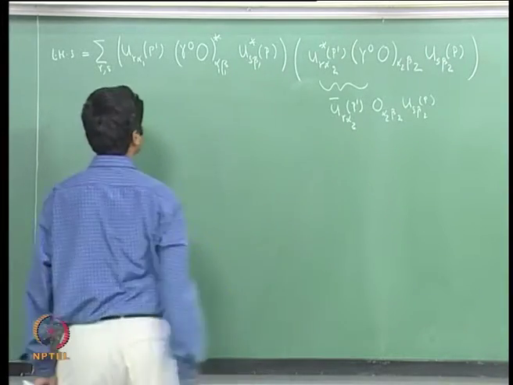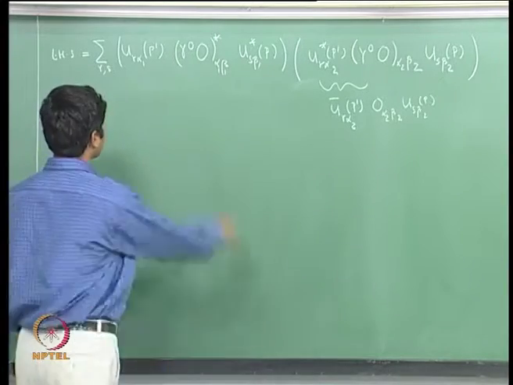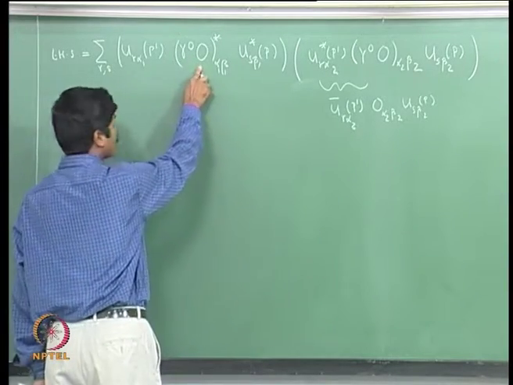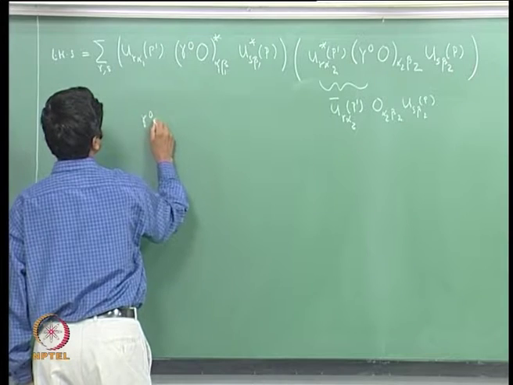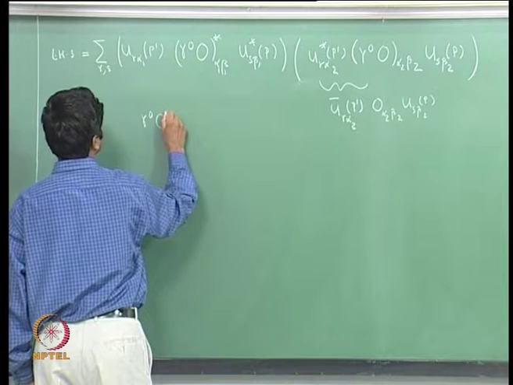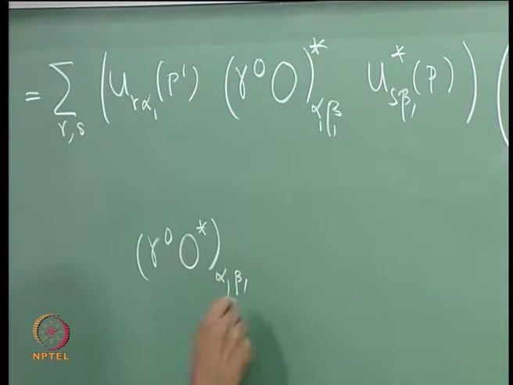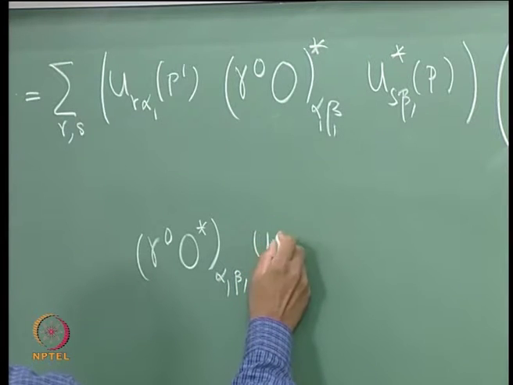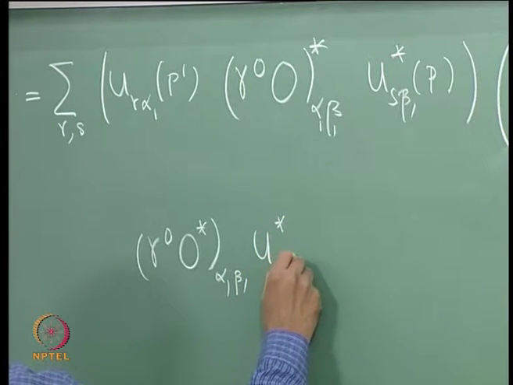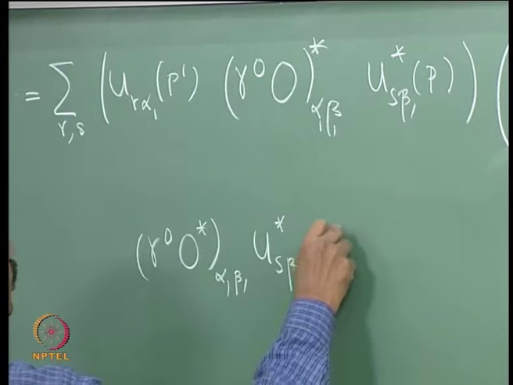Okay. So, let us see if we can do that. So, let us split it up: gamma 0 O star of alpha 1 beta 1 u star s beta 1 of p.